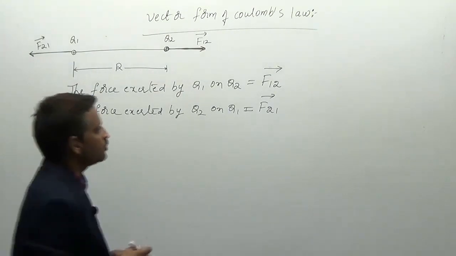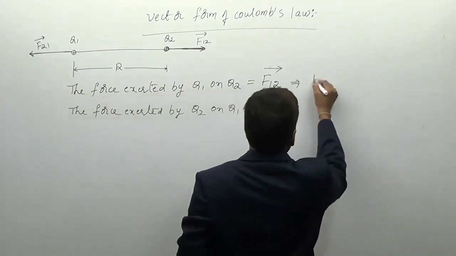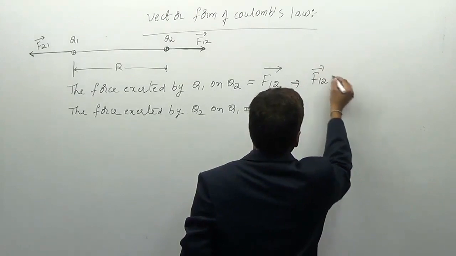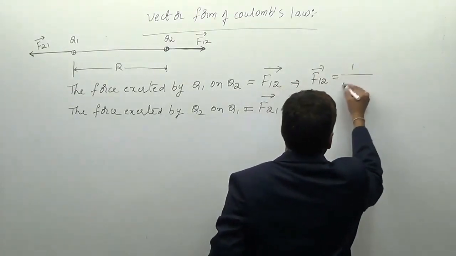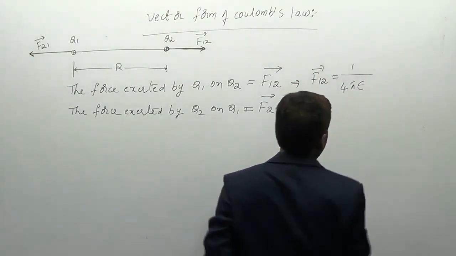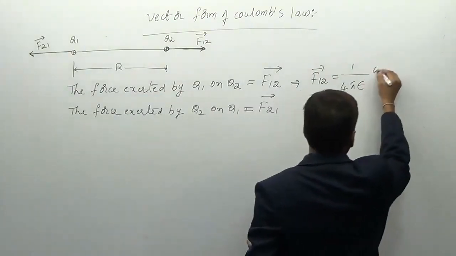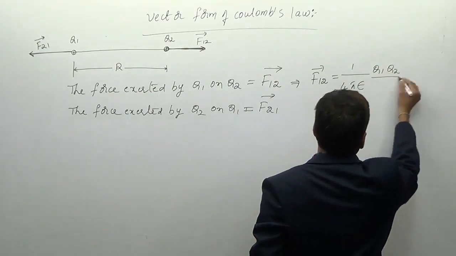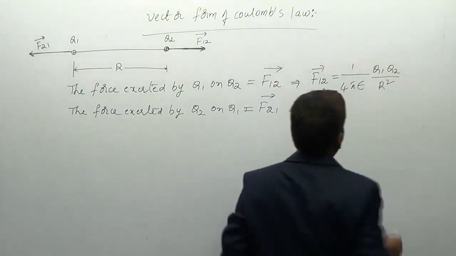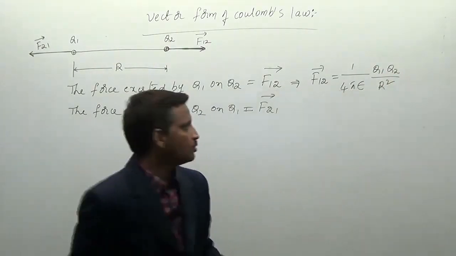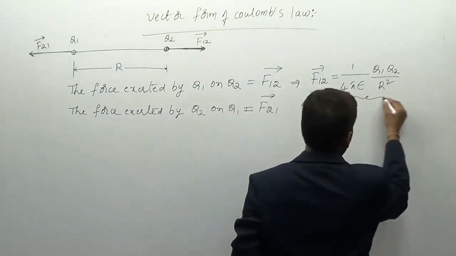So what is F12 vector equal to? F12 vector will be 1 by 4 pi epsilon (if it is not in free space, we should write epsilon) into Q1 Q2 by R square. This entire thing is only the magnitude.